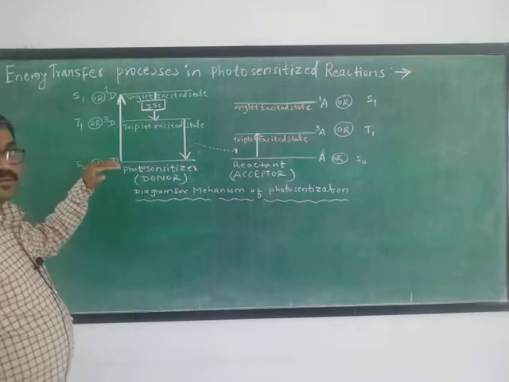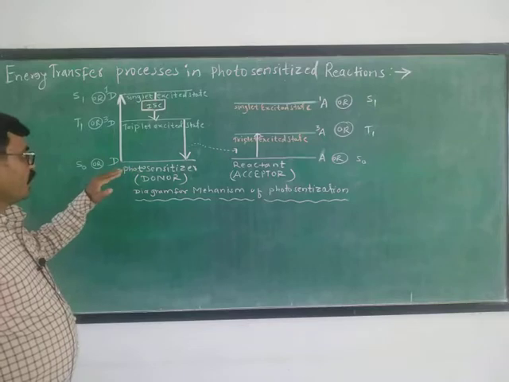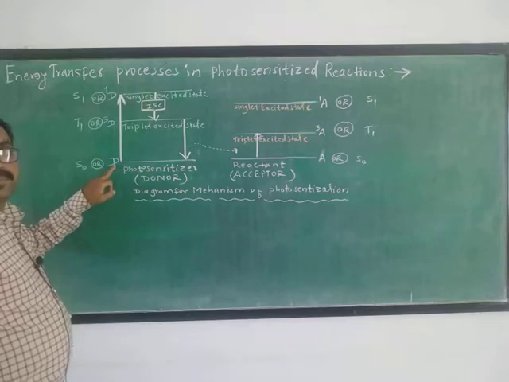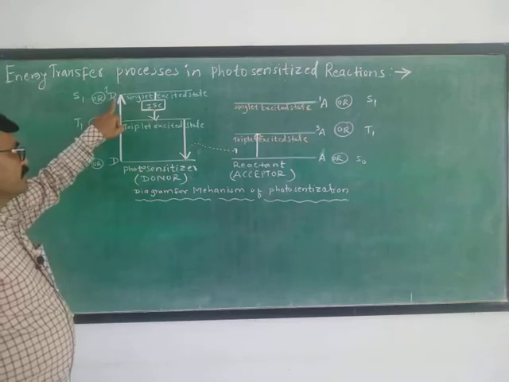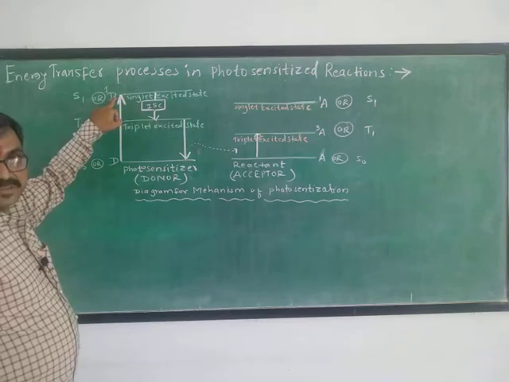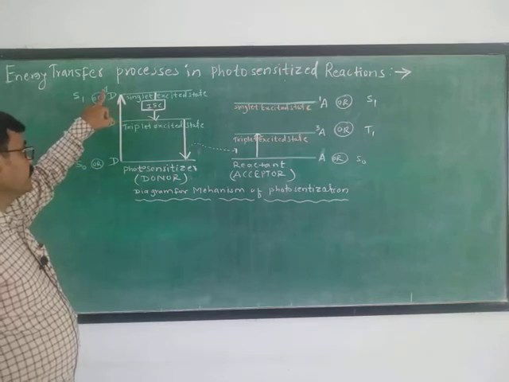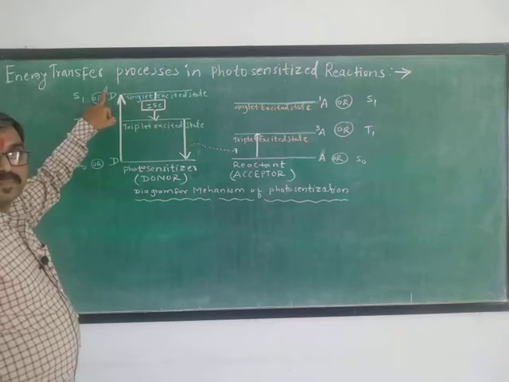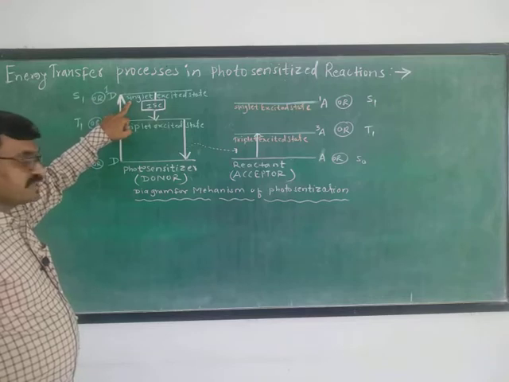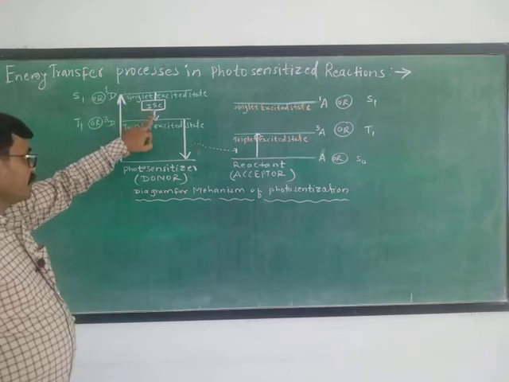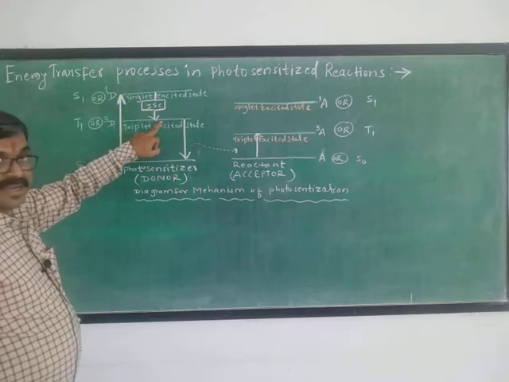After absorption of that incident photon, this donor D absorbs energy and goes to its singlet excited state, that is D1, and it comes to the ground state via the triplet excited state.